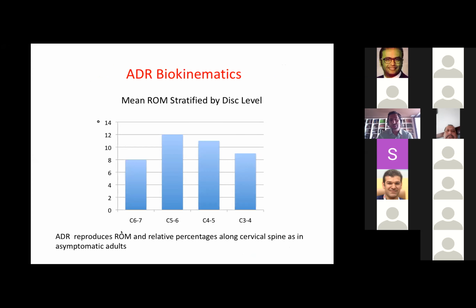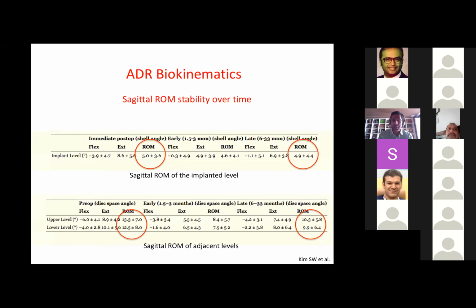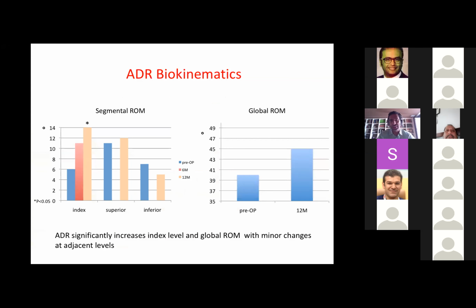And it was interesting to see that arthroplasty could reproduce the range of motion of different spine levels. And they mimic, in a way, the percentage of motion that each level has in a normal spine. And this stability we were able to show at 24 months, but other studies have also shown the stability of sagittal range of motion over time.